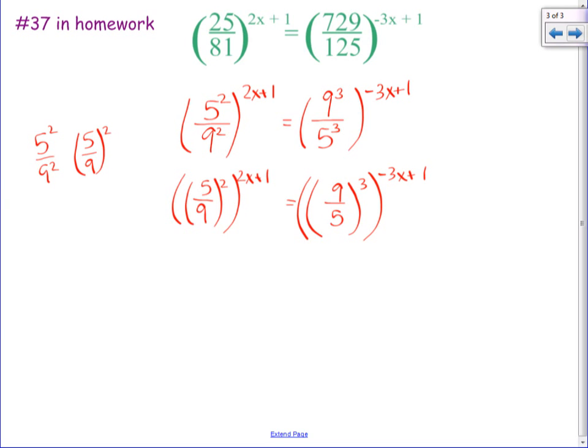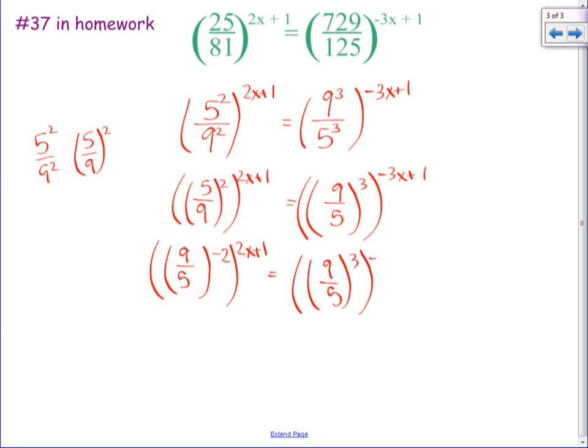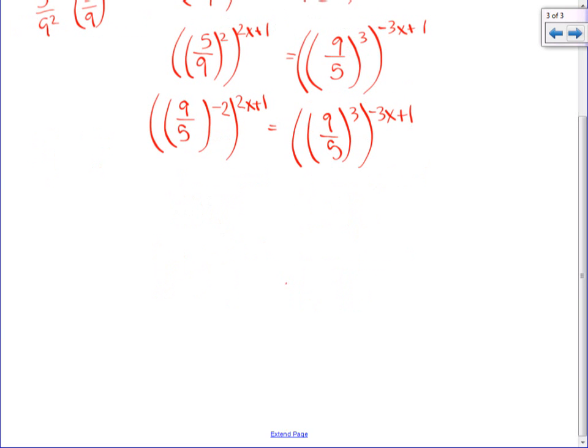It doesn't matter which one we switch, but we need to switch one of them so that the numbers flip around. So let's just take this one on the left. If we change this 2 to be a negative 2, then we could flip-flop these guys, and it would still be the same thing that we started with. So we got 2x plus 1, and this one's not going to change at all.